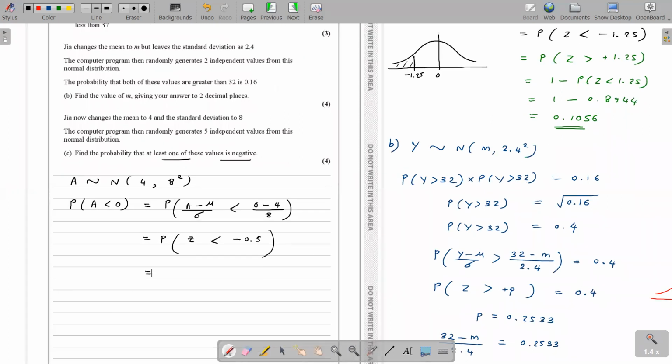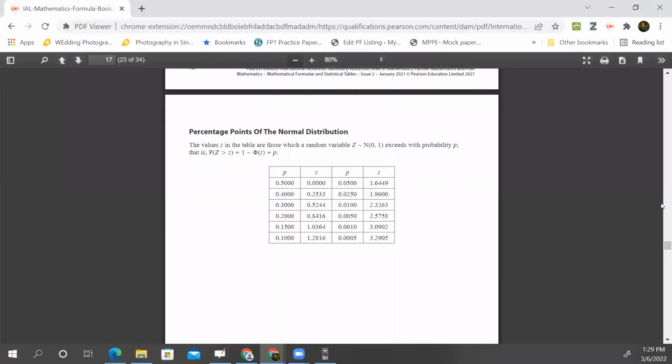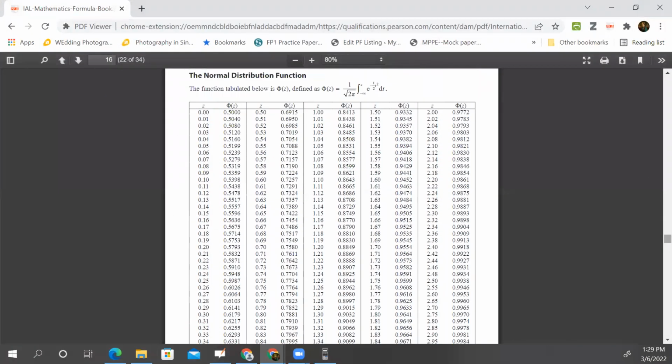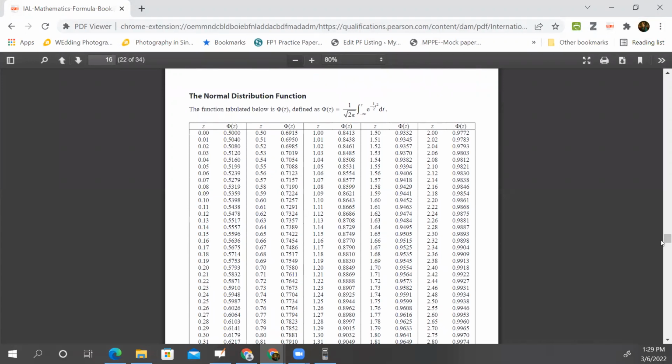So, probability Z less than minus half is equal to Z greater than plus half. These are rules. Z greater than plus half is 1 minus probability Z is less than 0.5. This is done so that we can use our table. Go to the first table, where we get the area behind.